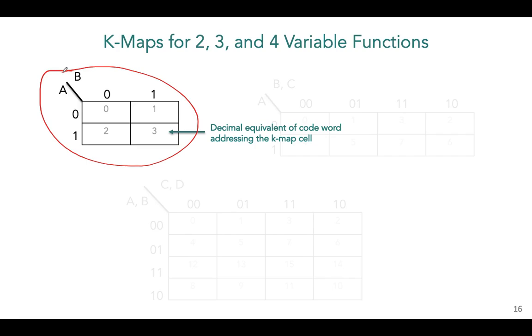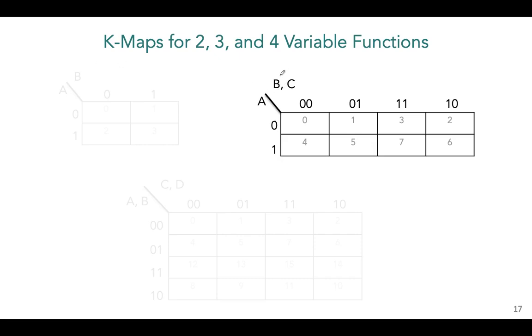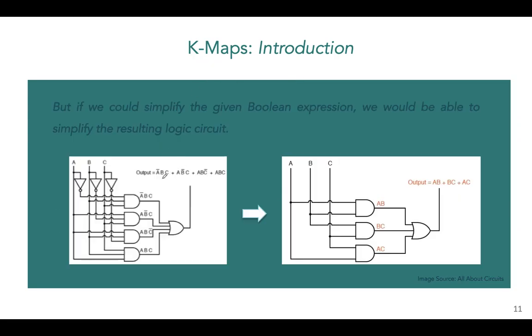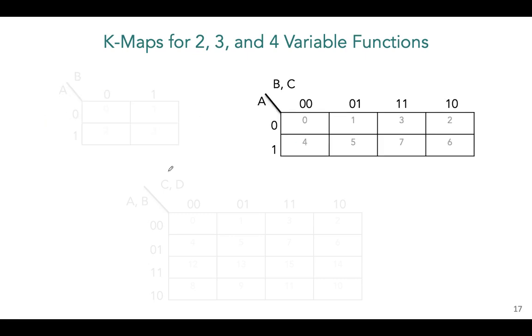Now let's move on to a 3 variable function. So what this means is now we will have 3 variables in our equation, A, B, and C. Like in this example, right? In this example, we had 3 variables, A, B, and C. So this is what a K-map for a 3 variable function looks like, A, B, and C. Again, A can have 2 values, either 0 or 1, and the combination of B and C, since we are putting both B and C over here, their combination can take 4 values, right?